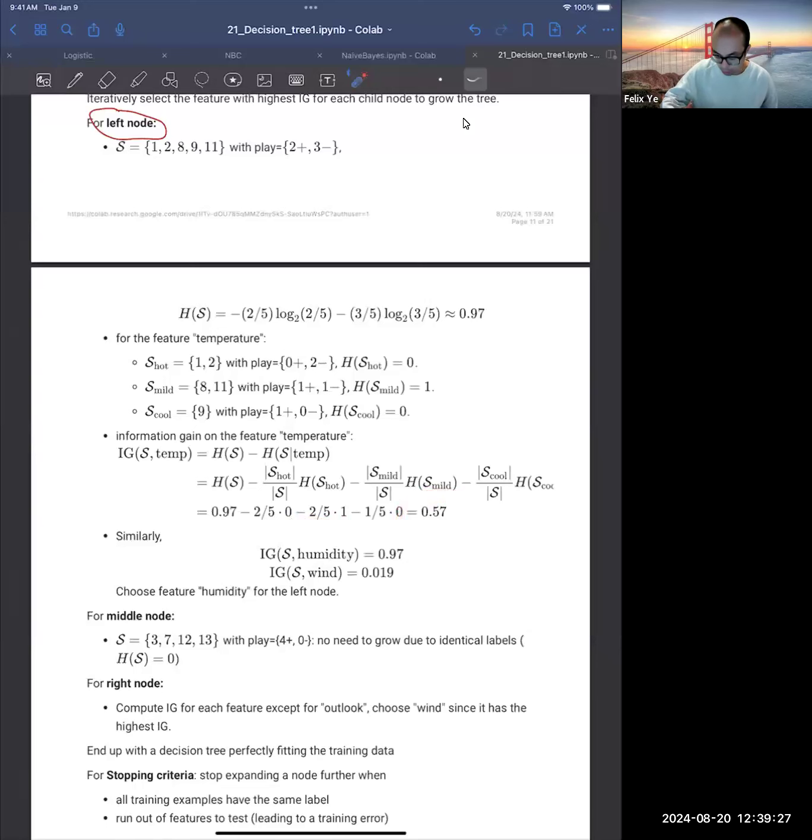Similarly, we can do the other two, humidity and wind. In this case, we're going to choose humidity because it has the maximum information gain of 0.97. All right.